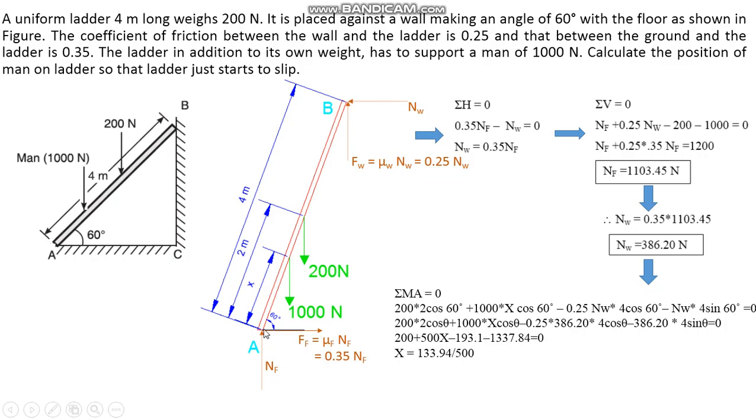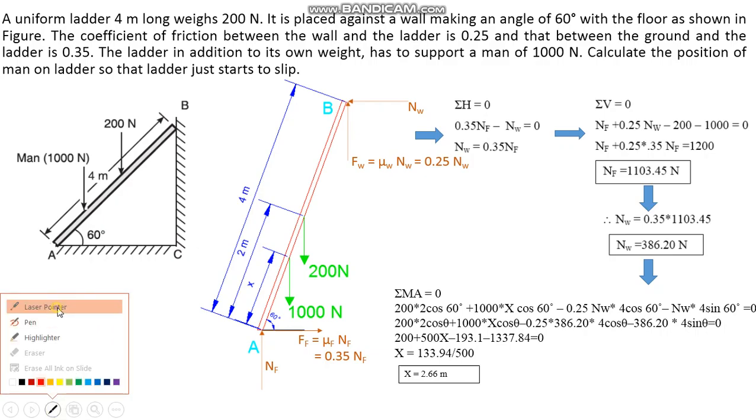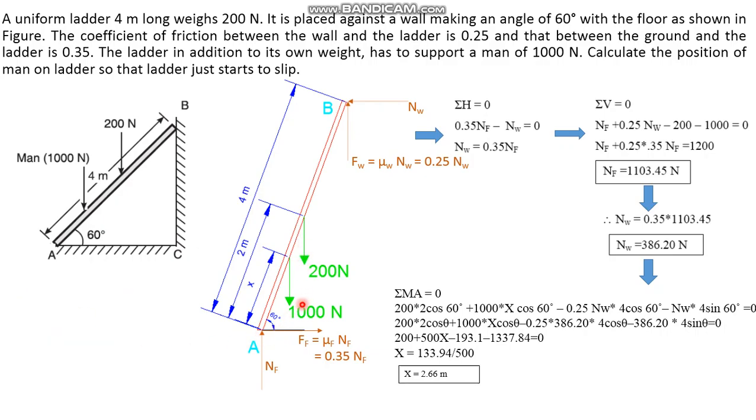When you take moment about A equals 0, you take clockwise positive and anti-clockwise negative. So 200 into the horizontal distance: the 200 is going vertically downwards, so you have to consider the horizontal distance from A to the 200.